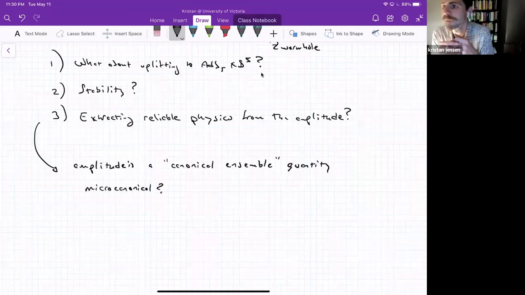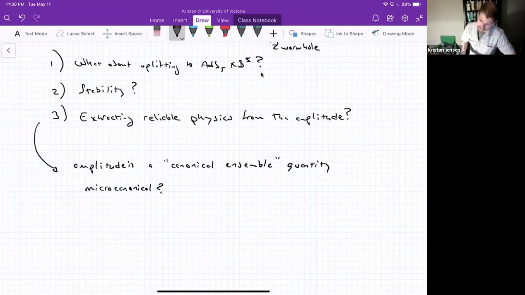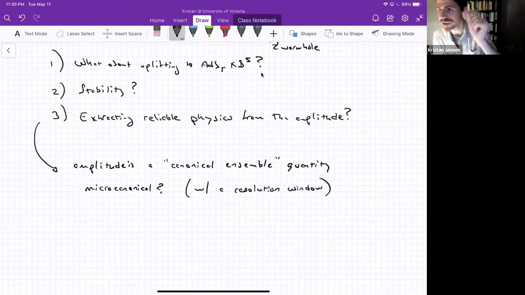And to go from canonical to microcanonical, well, that's an integral transform. That's an inverse Laplace transform. And that, it turns out, is dicey. That's a little sensitive. However, if we look at a microcanonical version with a resolution window, we're used to this in statistical physics, where you fix the energy up to some bin of size, some resolution that you can call delta.